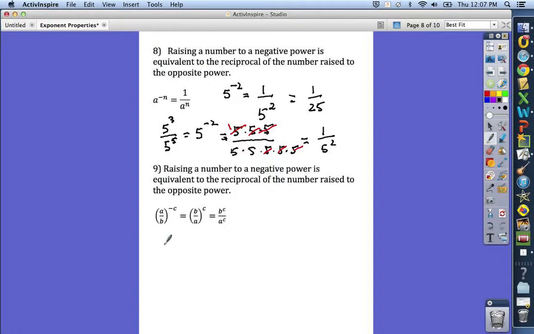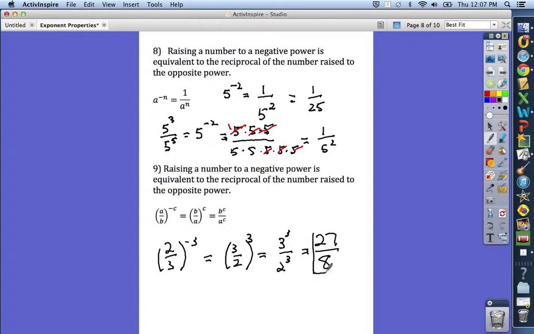So let's do an example. 2/3 raised to the negative third power would be equal to 3 over 2 raised to the positive third power, which would be the same as 3 to the third power over 2 to the third power. 3 times 3 is 9, times 3 is 27. 2 times 2 is 4, times 2 is 8. So this final answer would be 27 over 8.